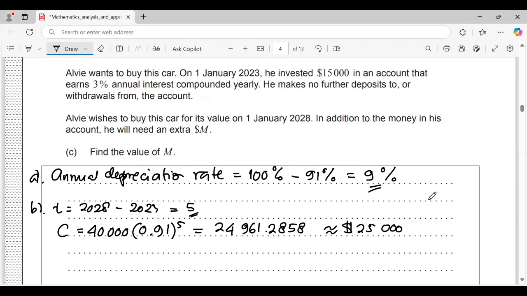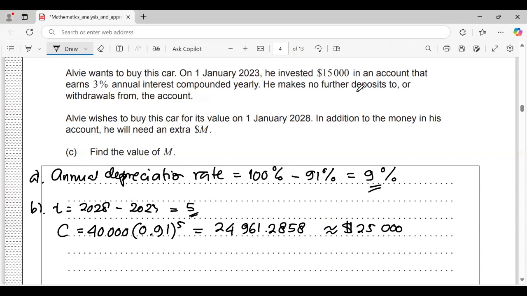US dollars. Part C. Alfie wants to buy this car on 1st January 2023. He invested 15,000 US dollars in an account that earns 3% annual interest compounded yearly.